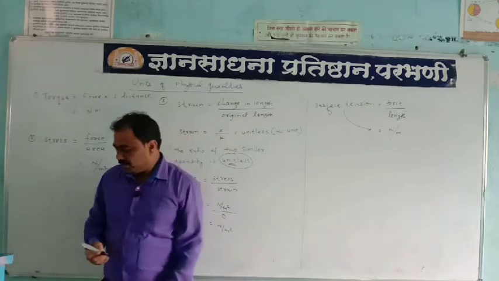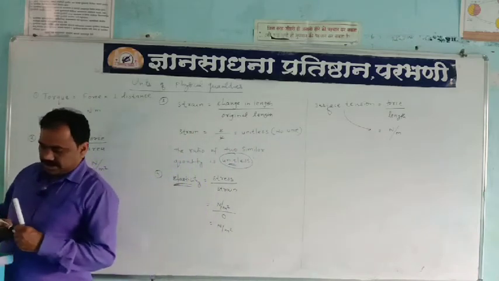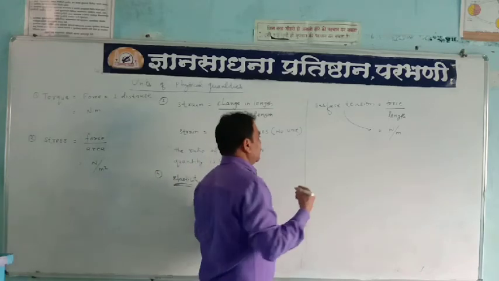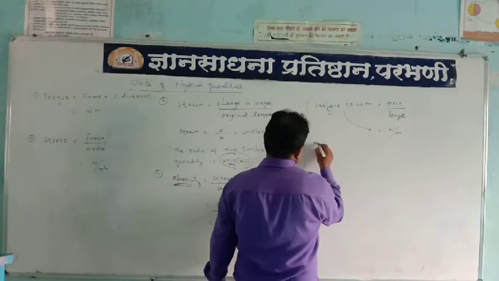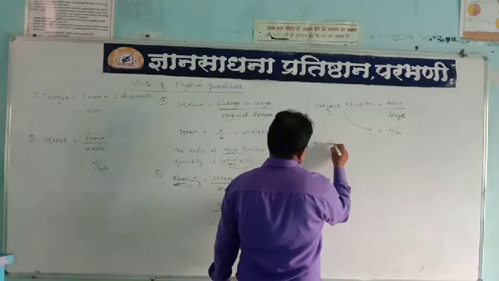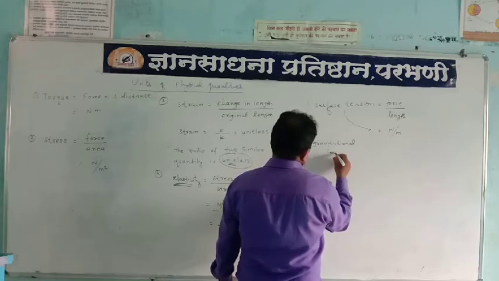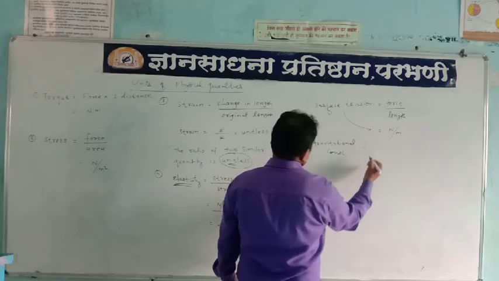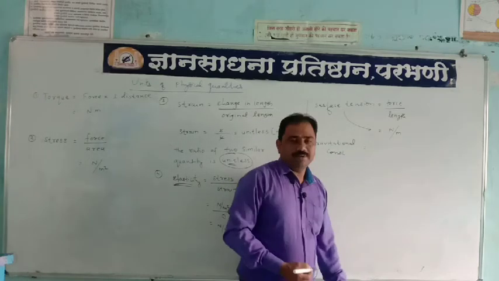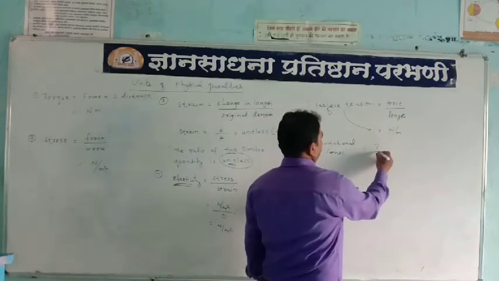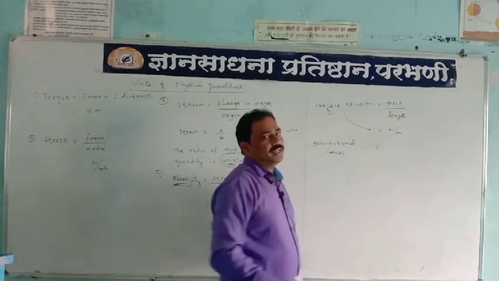Okay. Now some quantities are there. See, at your school level you have seen the gravitational constant. What is the SI unit for the gravitational constant? Most of the students are familiar with this. So the SI unit for gravitational constant, how can we calculate it?